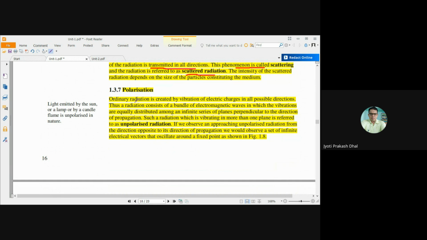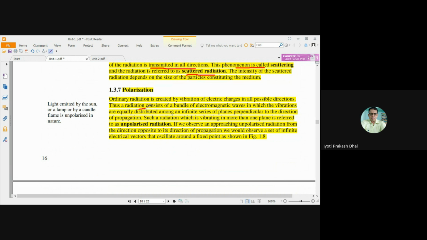So ordinary radiation is created by the vibration of electric charges. Ordinary electromagnetic radiation means that it will vibrate in all possible planes, in all directions. That means the electromagnetic radiation will oscillate in all possible directions.